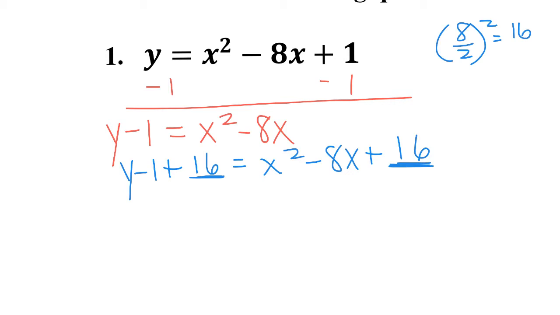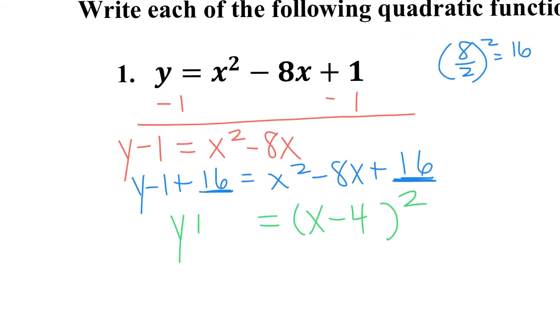And remember, we found that value so that we could write x squared minus 8x plus 16 as a binomial squared. That binomial is x minus 4. Remember, factors of 16 that add to negative 8 are negative 4 and negative 4. And then over here we'll have y plus 15.